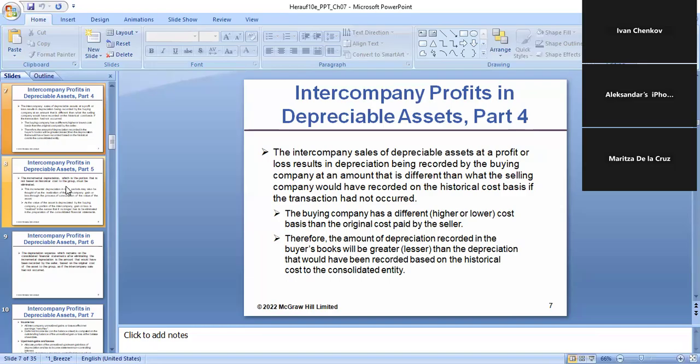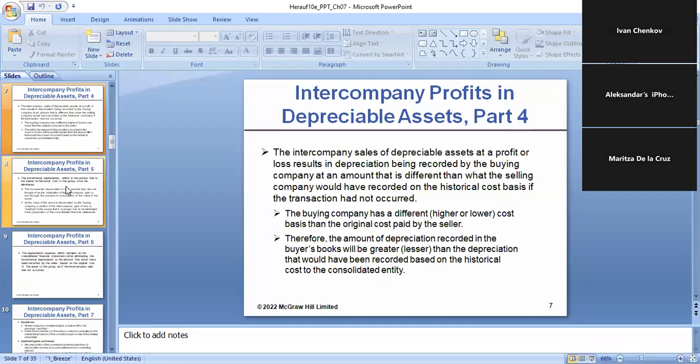Now we have different scenarios here. One is that the buying company has a different cost basis from the original cost paid by the seller. Therefore, the amount of depreciation recorded in the buyer's books will be greater than the depreciation that would normally be recorded.